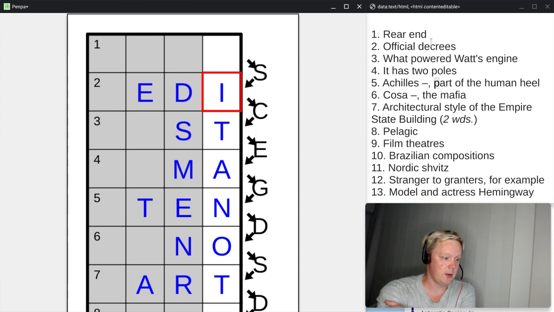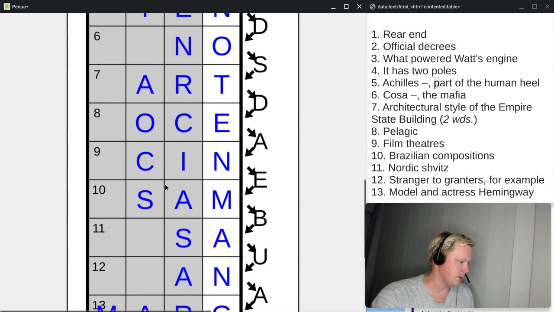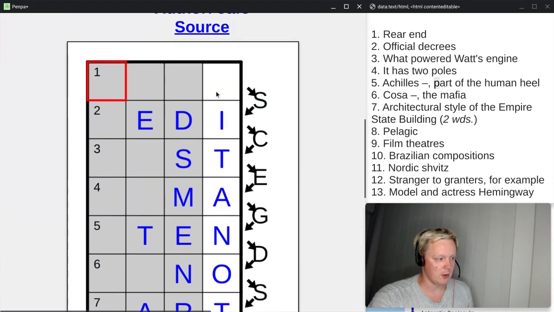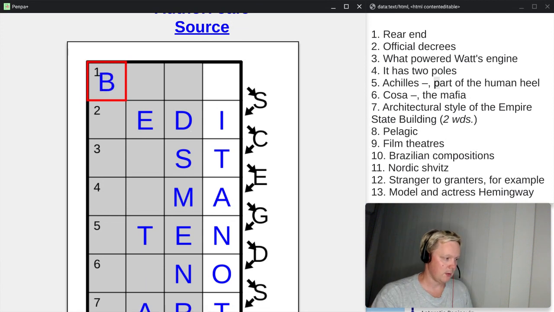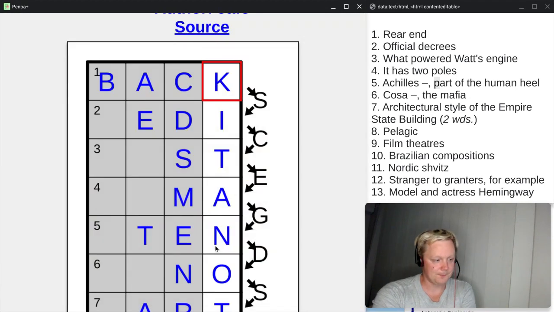Now we had rear end, which does have plenty of synonyms, which I'm not going to list, but here we have ending of SIDE. It's going to be backside. We are going to be using all of these letters. So it's the longest answer here. Backside is number 1, and that should say that we're correct, and we are.